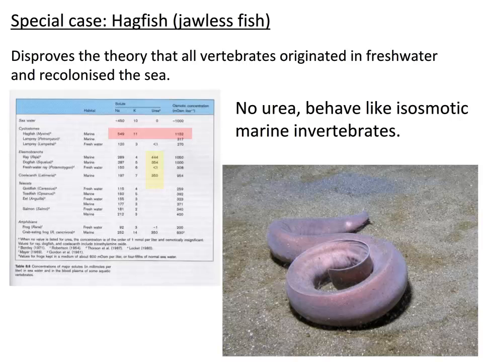So, did bony fish evolve in a freshwater environment and then move back into the sea? Well, remember I looked at that phylogenetic tree and we said that hagfish were closer to elasmobranchs, whereas coelacanths were closer to bony fish. Well, hagfish are isoosmotic with their environment, but they don't actually use urea.